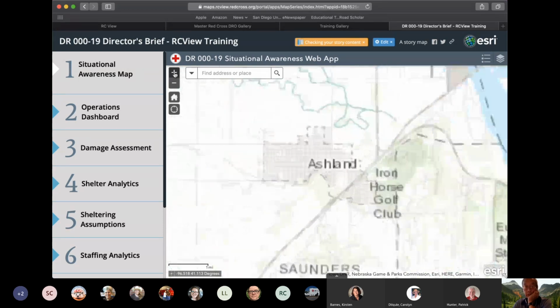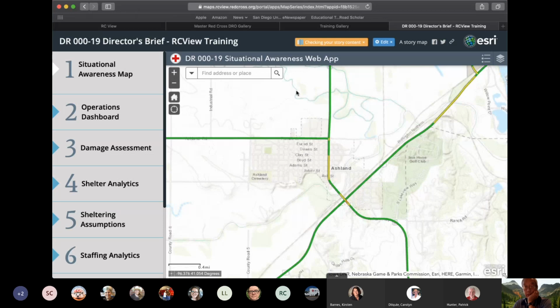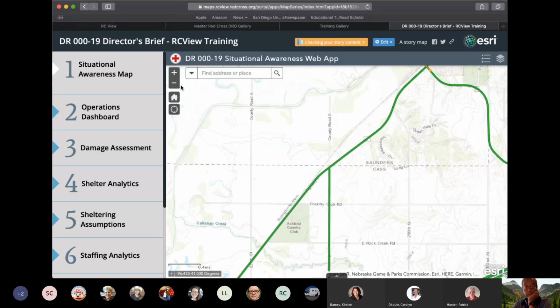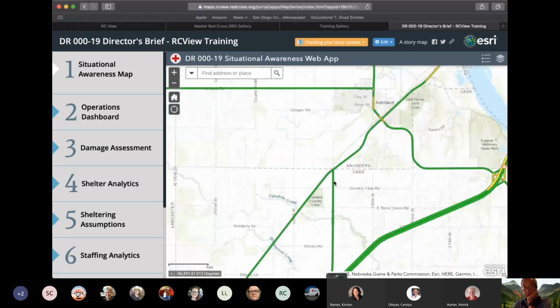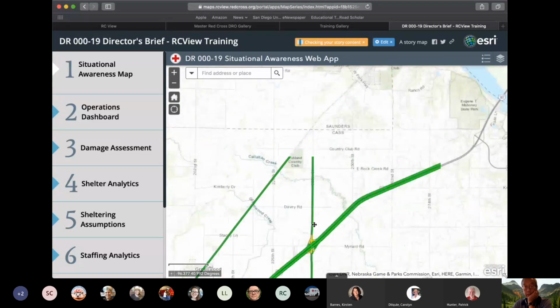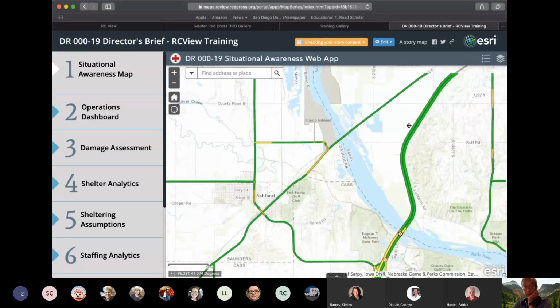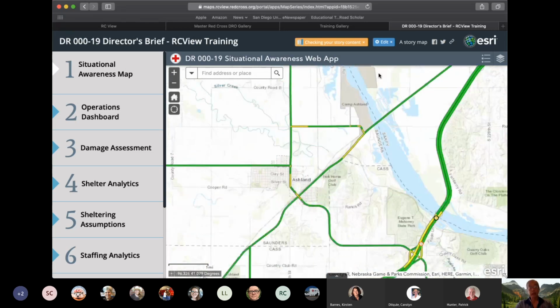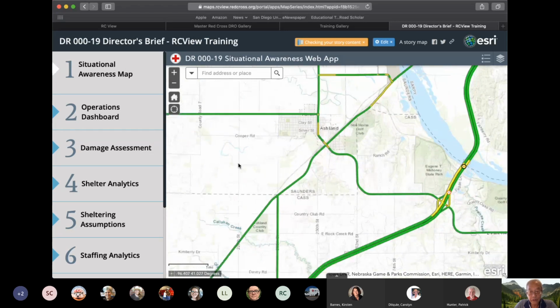I can zoom in, and there could be some other routes available. Maybe if you went down this route instead. So logistics would find an alternate route, and they would go that way. So that's an example of how, in an operational, logistical role, you had to make a decision to help feed the staff shelter.